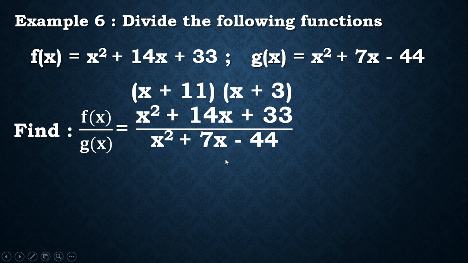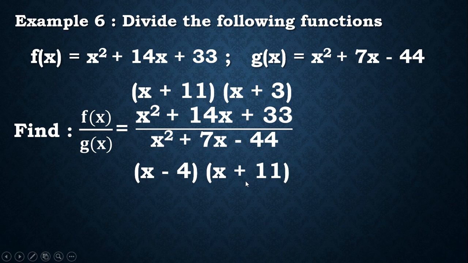Next step, we have to find the factors of x squared plus 7x minus 44. So we have x minus 4 and x plus 11. We have a negative sign here for the last term, so one of the factors is negative and the other factor is positive. So x times x, that is x squared. Positive 11 minus 4, that is 7.